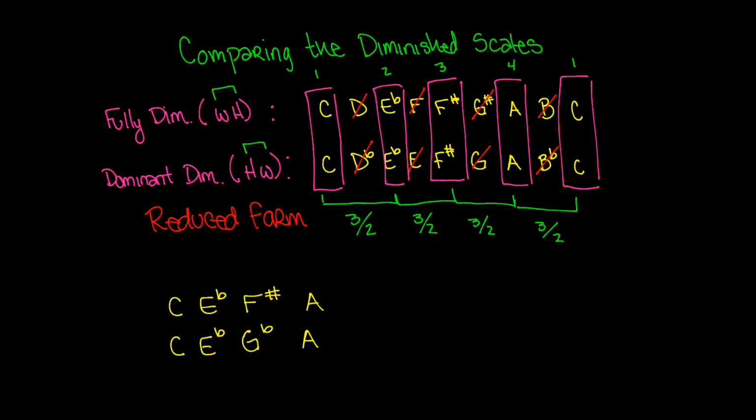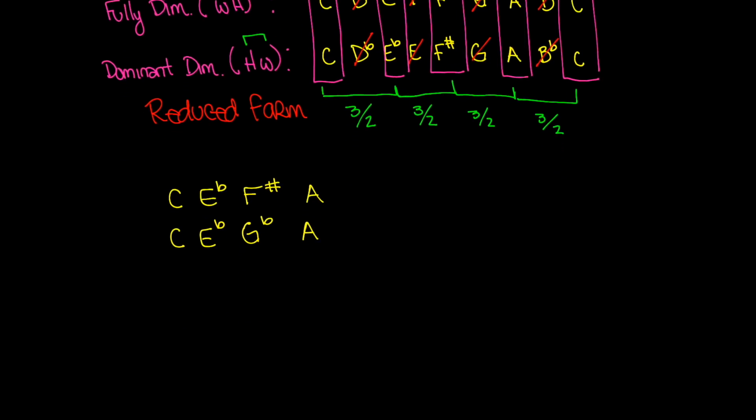Now, let's go ahead and analyze this a little bit. If I call this a 1, then my E flat would be flat 3. And if I look at G flat, that would be a flat 5. Now I understand that F sharp is not quite the same thing as a G flat, but enharmonically they are equivalent. Now, if I look at an A note, what I'm going to really consider this A to be is, how about we call this B double flat?